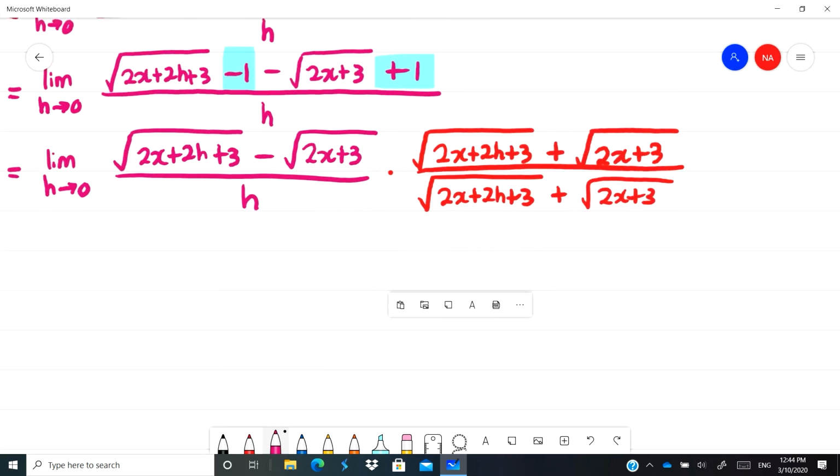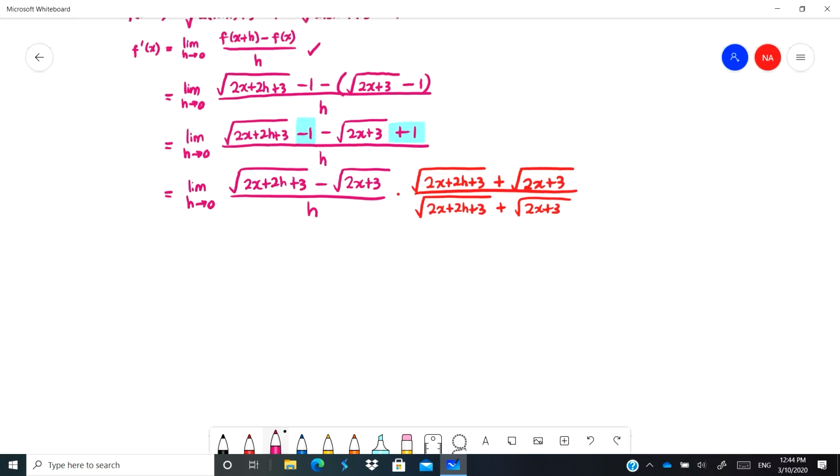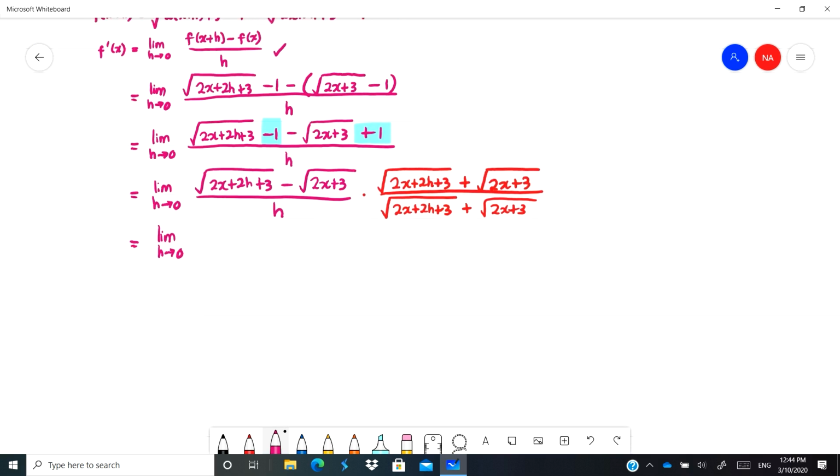Now you have not substituted the value of h with 0, so you write again limit as h approaching 0. What you do is expand the numerator, which becomes square root of 2x plus 2h plus 3 squared minus square root of 2x plus 3 squared, the whole thing over h.